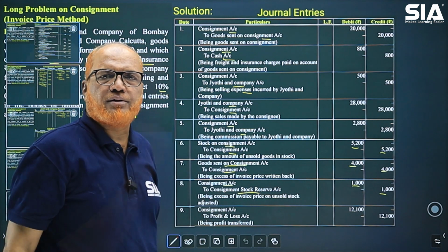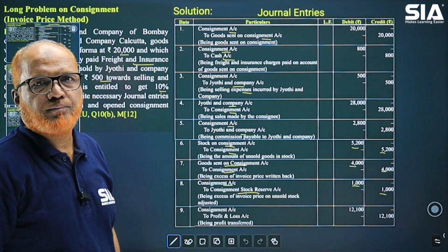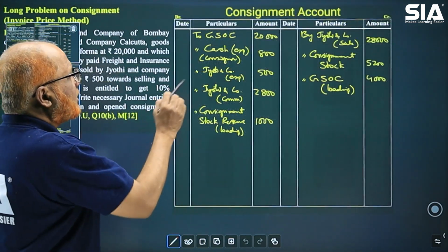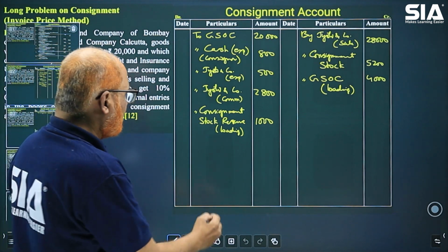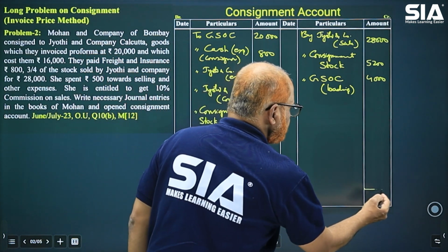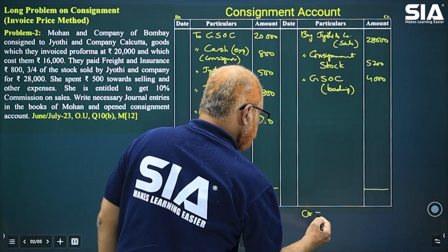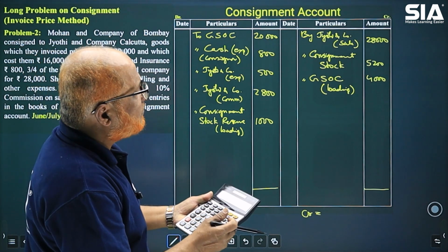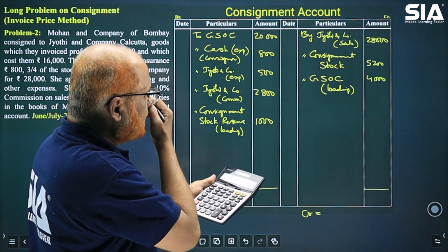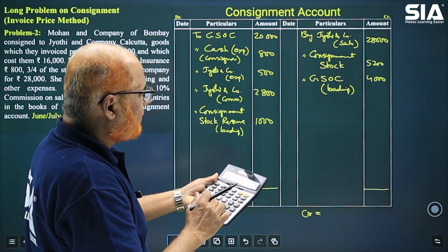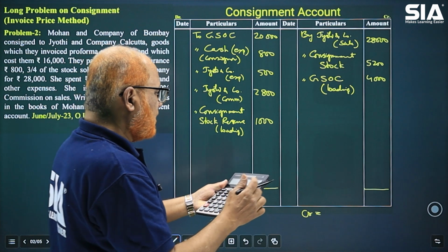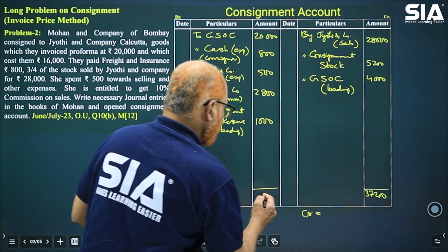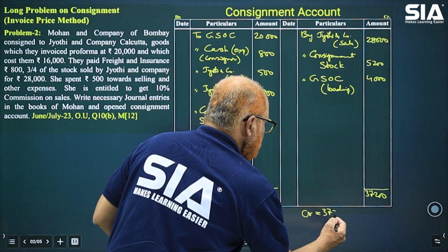We have completely posted. Now ultimately we have to find out the profit or loss on consignment. So we come to consignment account. We find out the total of debit and credit side. I'm taking the total of the credit side of consignment account, 28,000 plus 5,200 plus 4,000. It comes to 37,200.